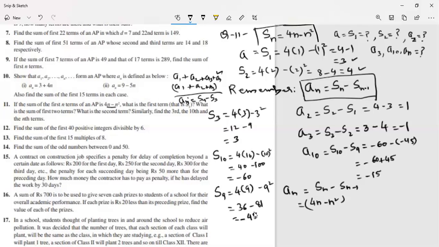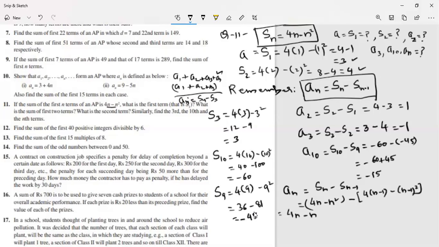If you want to find the value of Sn minus 1, replace n by n minus 1. So this will become 4 times n minus 1 minus n minus 1 whole square. Now you can solve it to get the answer.